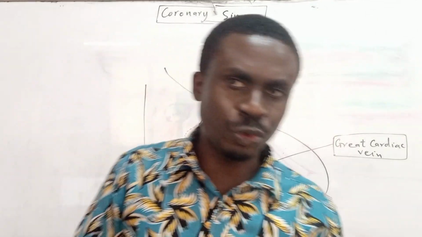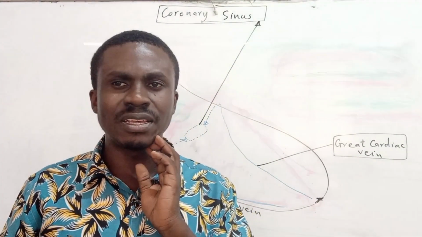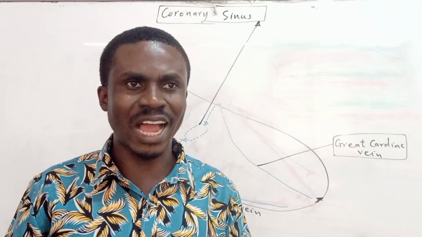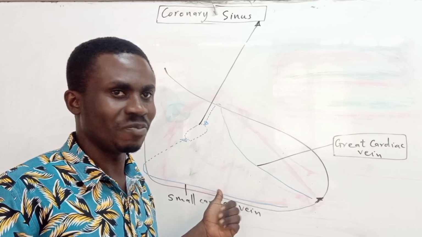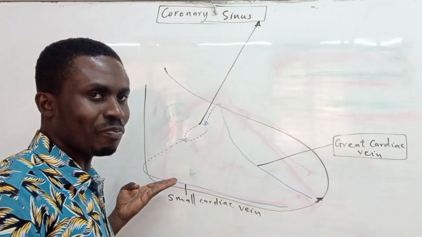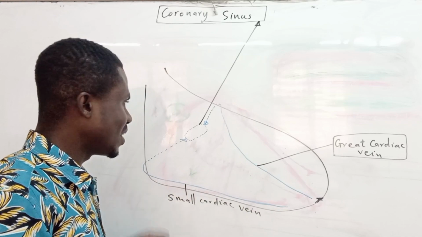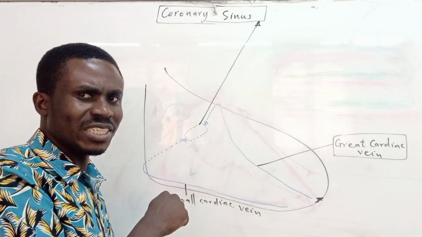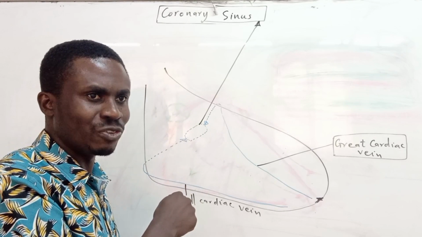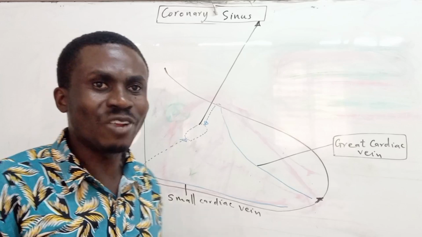So another question to you, which is also examinable: what arteries accompany the small cardiac vein? We've mentioned one already. That is the right marginal artery or the acute marginal artery. Not only that, what did I tell you? From what we call the anterior aortic sinus, the artery which will be coming is of course the right coronary artery.